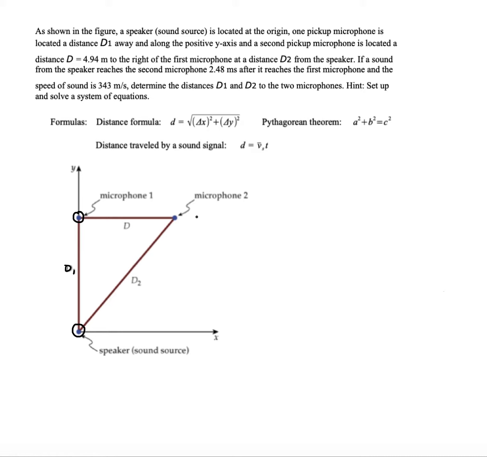And there's also a second microphone located over here at a distance d2 away from the source. Now it tells us that sound from the speaker reaches the second microphone after the first. And this is because the speed of sound in air is constant.